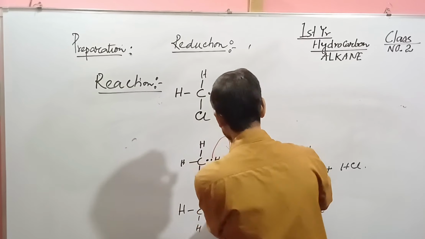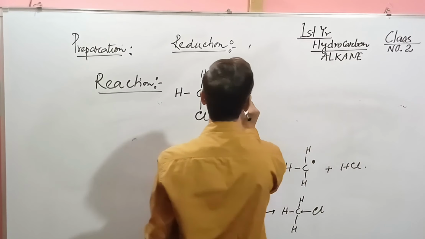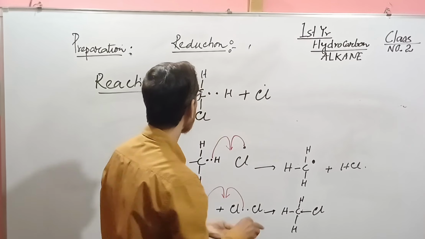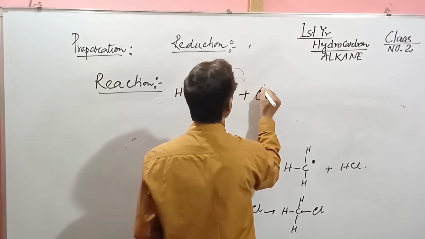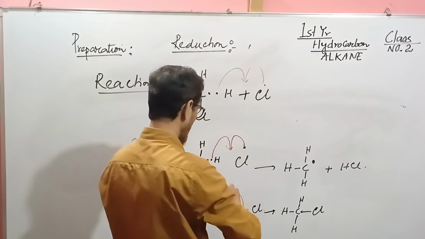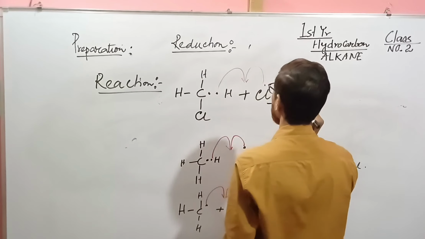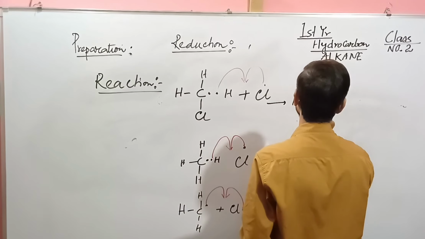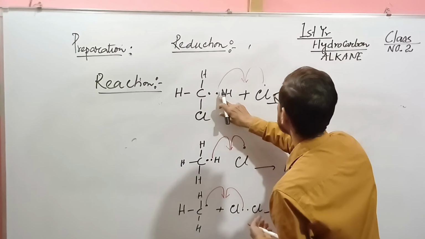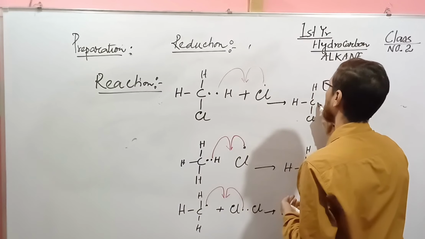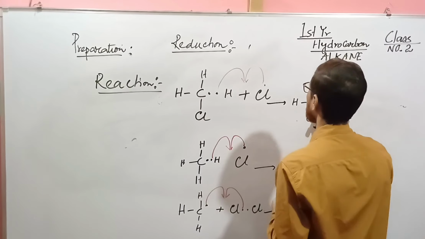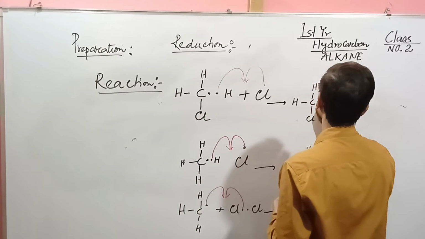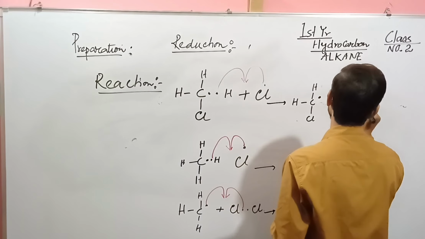Am I right? So first free radical, then molecule, again free radical, already prepared in the reaction. Am I right? What you get here is H, carbon, H, Cl, and this bond makes a bond with HCl. Am I right?